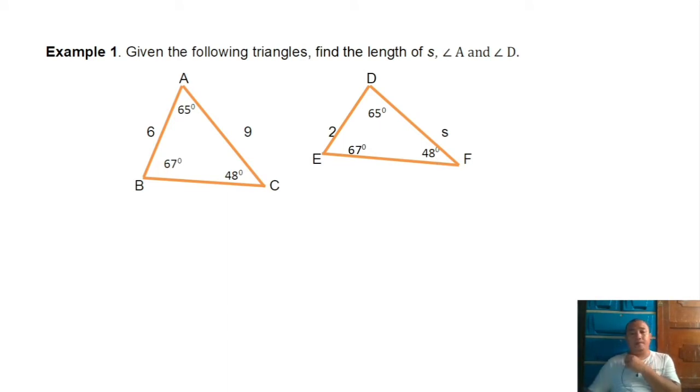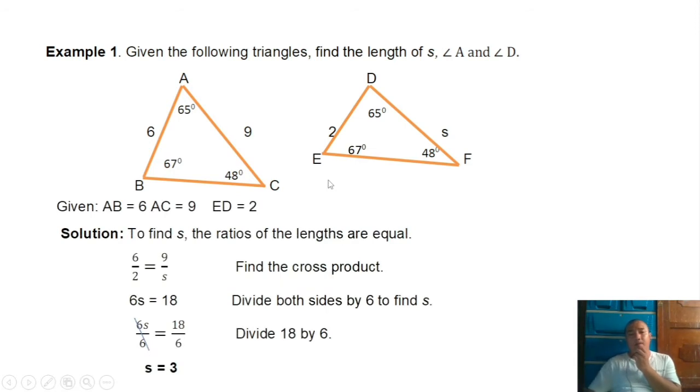Now when it comes to sides, AB is 6, DE is 2, DF is S, AC is 9.